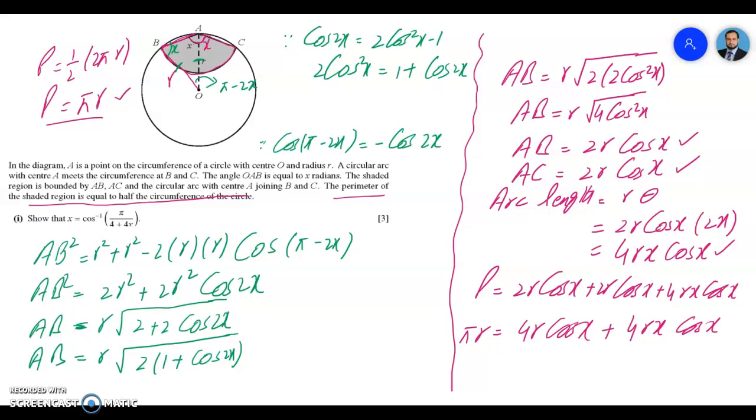Throughout, r will cancel out, so we get pi equal to 4 plus 4x times cos x. If we simplify this, we get x is equal to cos inverse of pi by 4 plus 4x. That's what we needed to prove.